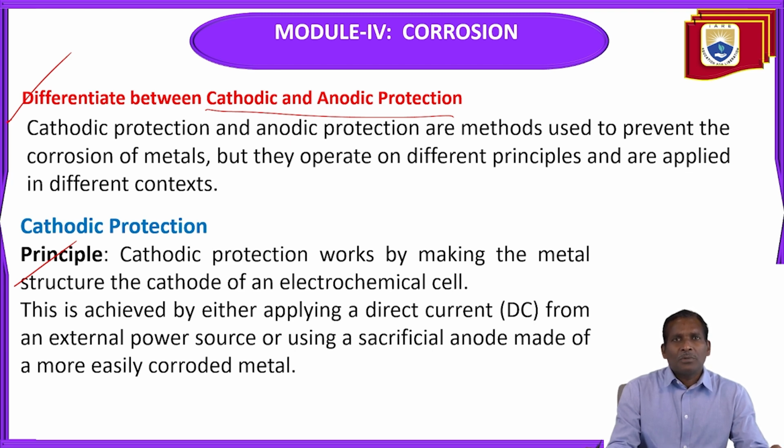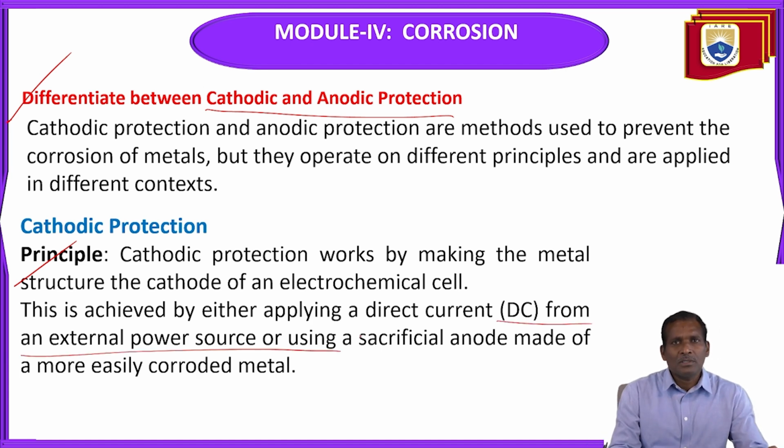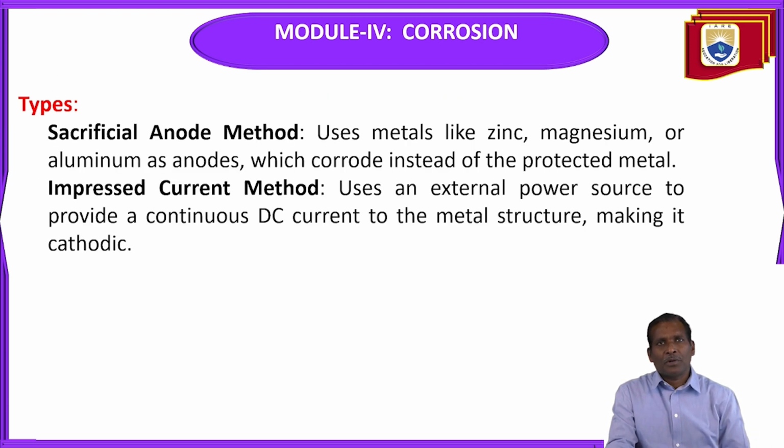This is achieved either by applying a direct current from an external power source or by using a sacrificial anode made of a more easily corroded metal. That is the main principle of cathodic protection.